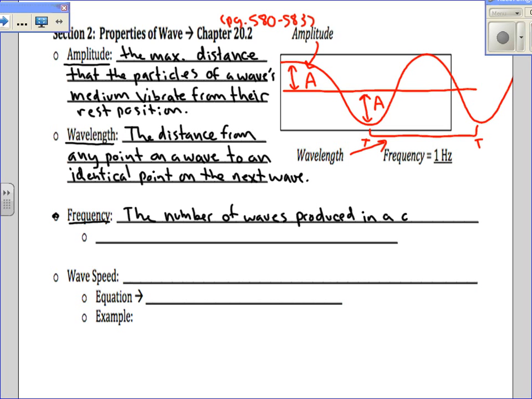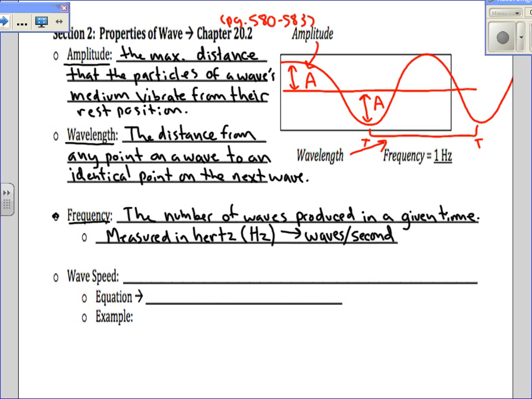Frequency is measured in hertz, or waves per second. And this is capital H, lowercase z, that's hertz. So waves per second.